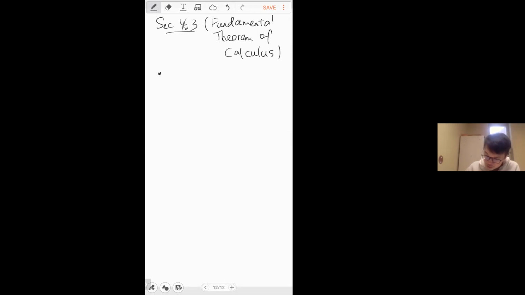What it tells you is the connection between taking derivative and integration.